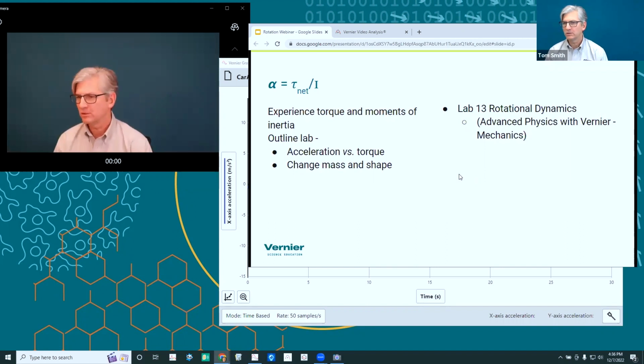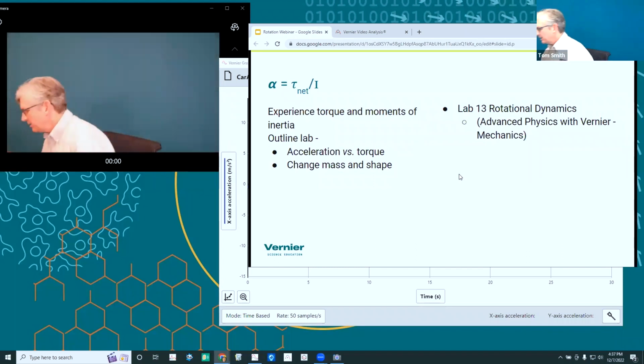So, in this case, we're at a place where students can start to think about that angular acceleration, tangential acceleration, if you will, and look at that relationship between angular acceleration, torque, and moment of inertia.